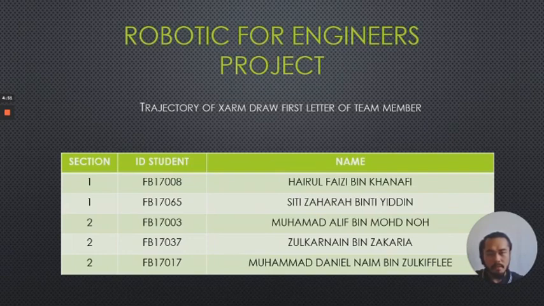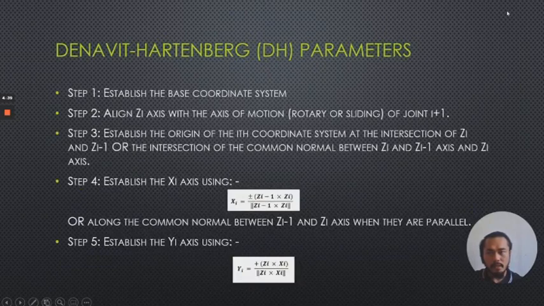Today, I would like to present the DH algorithm and then the forward kinematics equation. First, the Denavit-Hartenberg parameters, which involve several steps. Step 1 is to establish the base coordinate system. Step 2, align the Zi axis with the axis of motion of joint i plus 1.